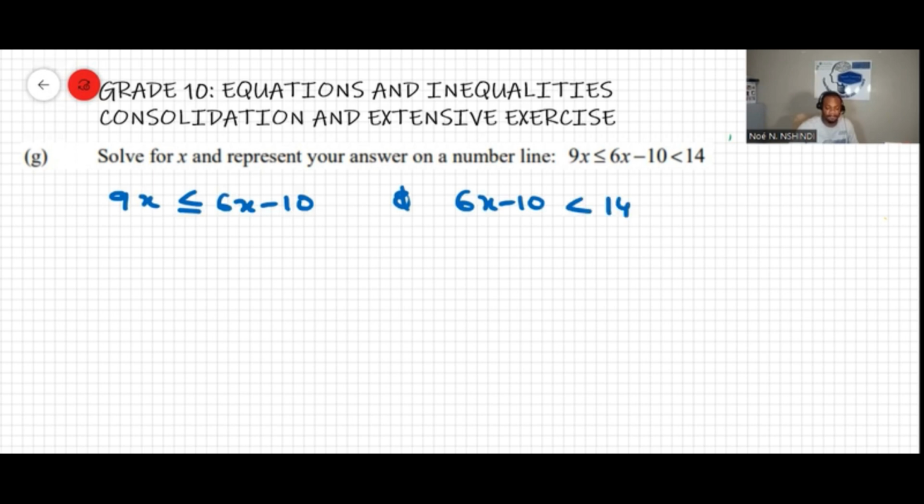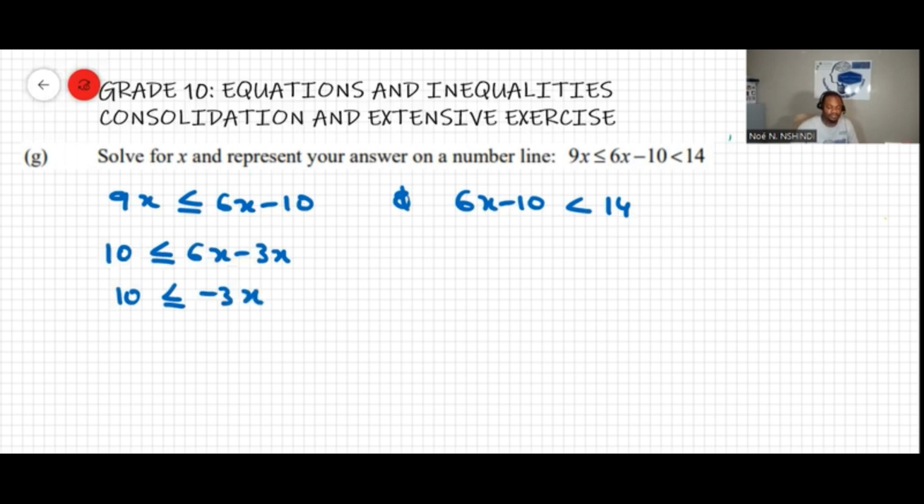We can break it that way. If I move the 9x over, and then the negative 10 on the other side, it becomes 10 lesser than or equal to 6x minus 9x, which means that 10 is lesser than or equal to negative 3x.